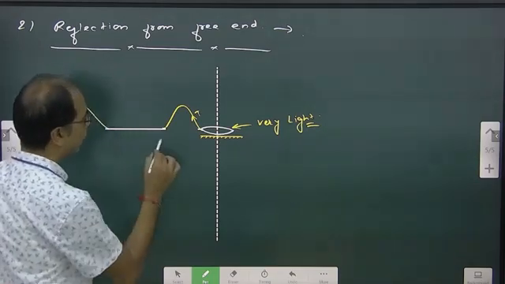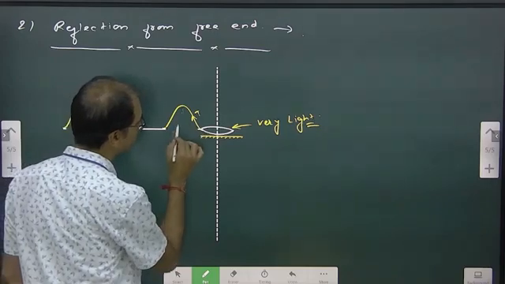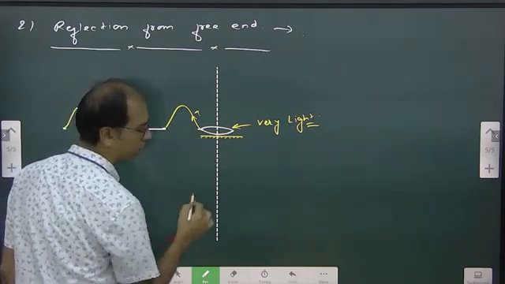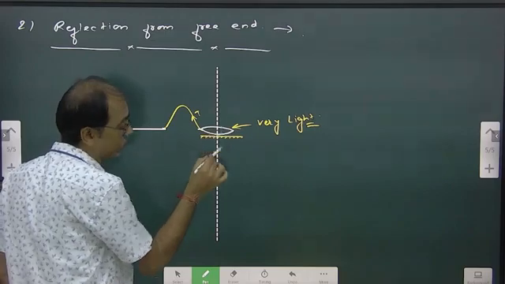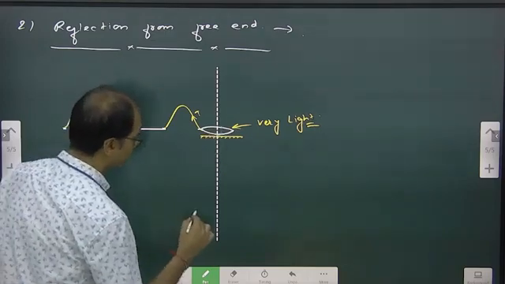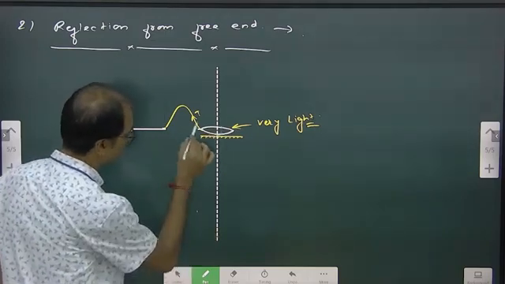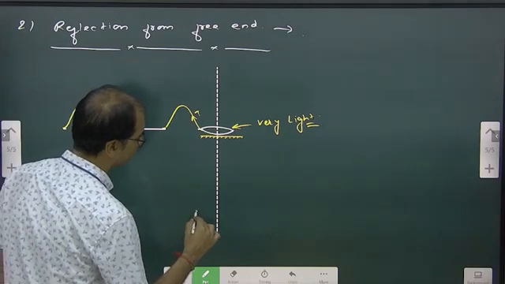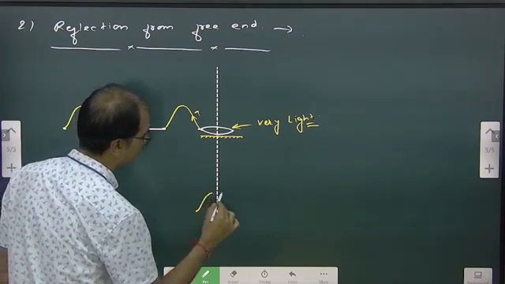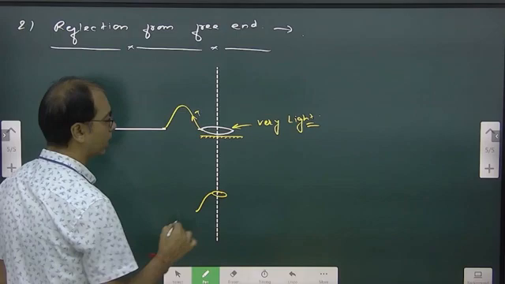How will it go up? Now next instant, what will happen to this pulse? It will go further in this direction, like this. This is our ring.